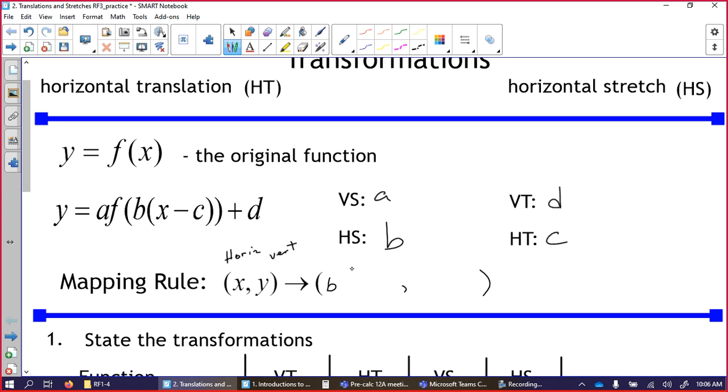Oh, technically, this would be 1 over b because of how it's written, because it's the reciprocal. 1 over b times x plus c, and the y is a y plus d. So the key thing that we need to be able to do, and the joy of this going forward, is we're going to talk about all sorts of different functions. Well, we're going to look at a mapping rule.